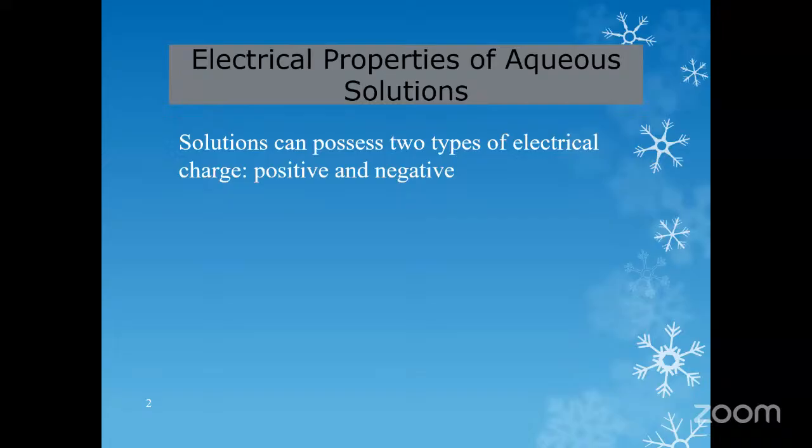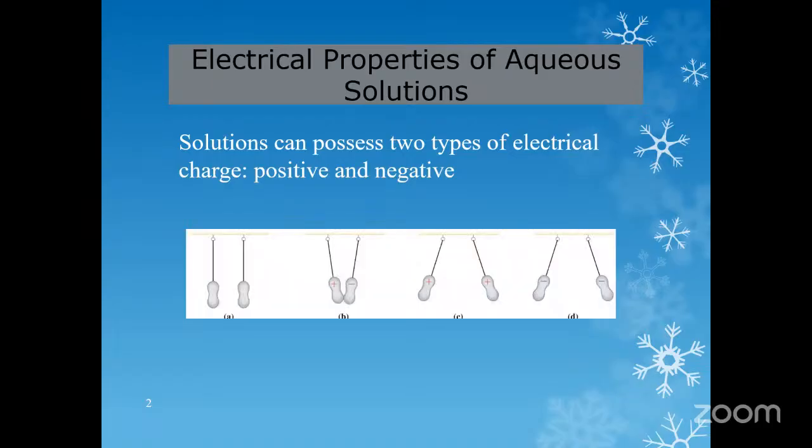Basically, there are 2 types of charges, as you all should know, that can exist in an aqueous solution. You can have positive or negative charges. To demonstrate how charges behave, we have this diagram to illustrate how they interact with each other. If you have 2 neutral particles suspended as shown here, there will be no attractive or repulsive forces.